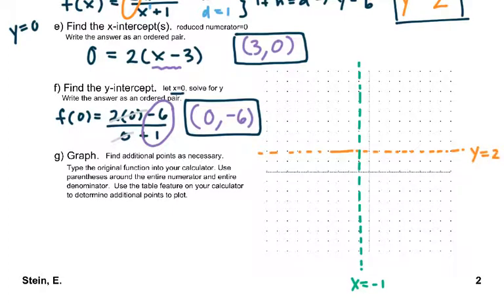I have 2 ordered pairs here. I can plot my x-intercept at positive 3 on the x-axis and my y-intercept at negative 6 down here on the y-axis. So I've got (0, negative 6) and (3, 0).